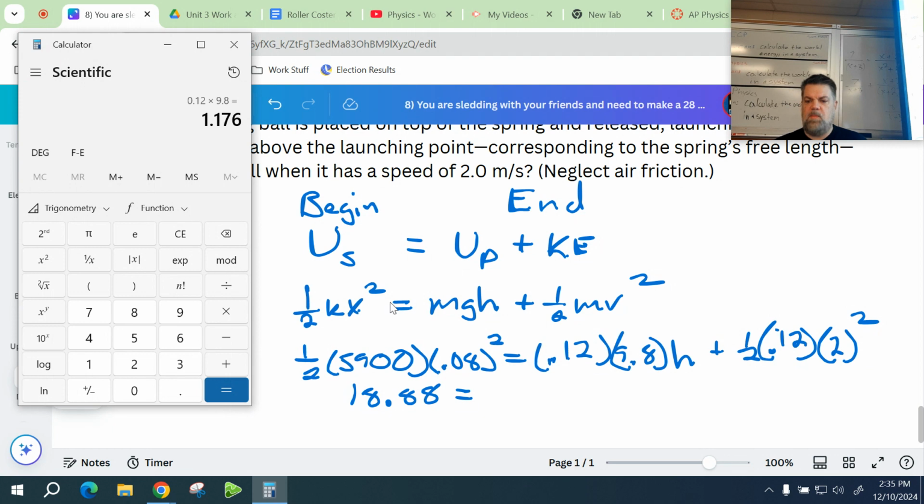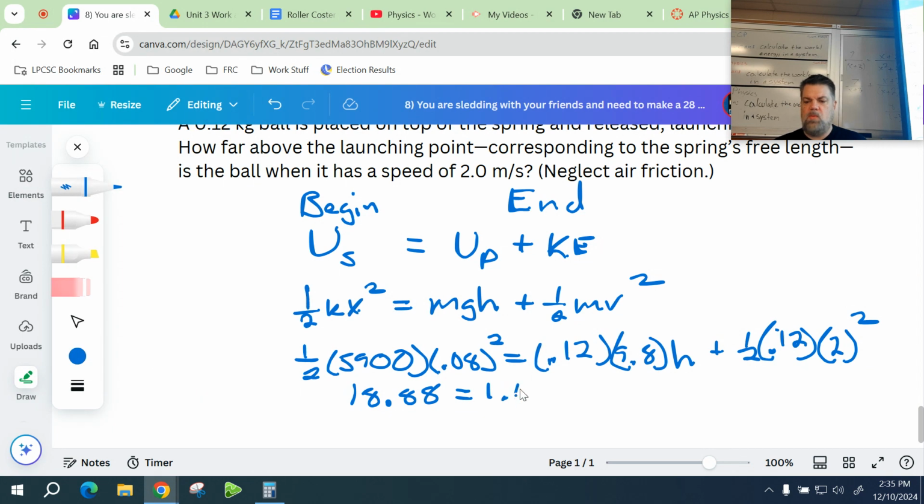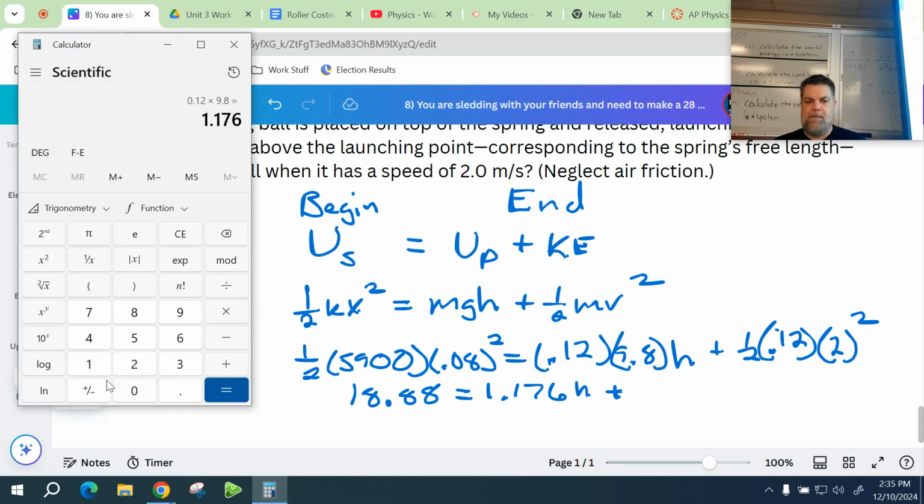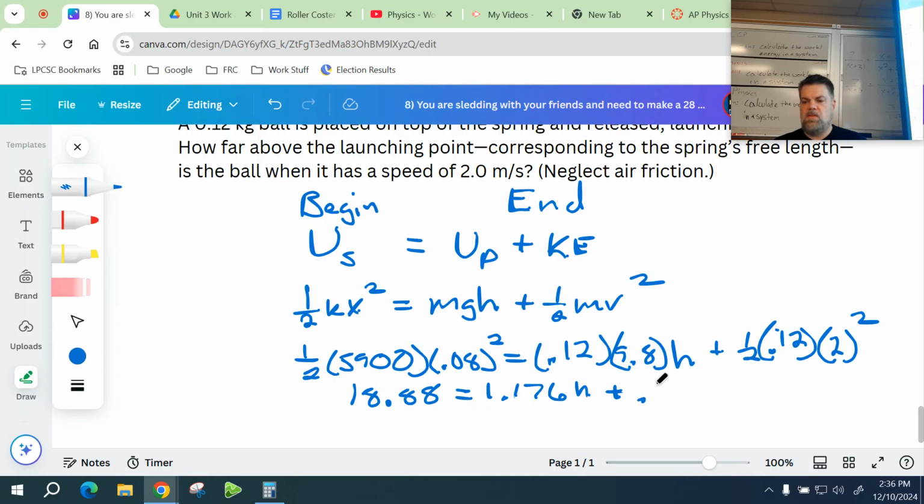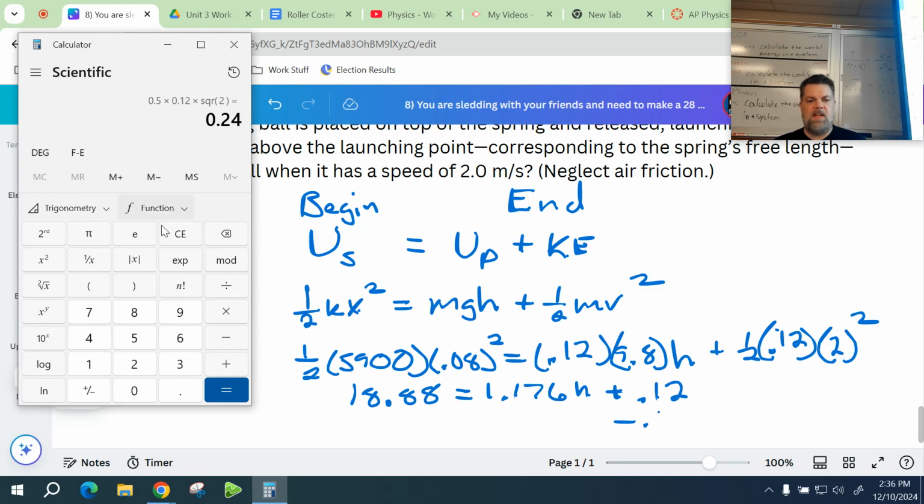So this is going to be 1.176 times h, plus 0.5 times 0.12 times 2 squared, which is 0.24.